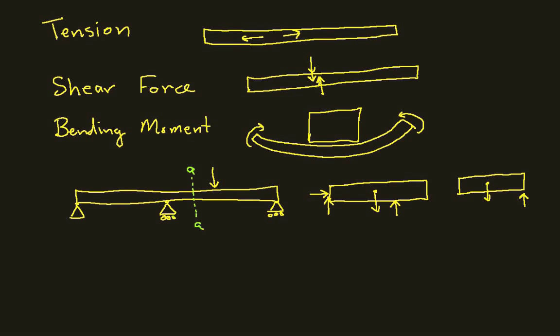And we identify two vectors and a couple. So we have a vector T. This is a tension force. We have a vector V. This is a shear force. And we have a couple M.